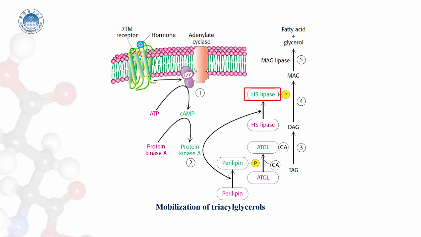Diacylglycerol is converted into a free fatty acid and monoacylglycerol by the hormone-sensitive lipase. Finally, a monoacylglycerol lipase completes the mobilization of fatty acids with the production of a free fatty acid and glycerol.